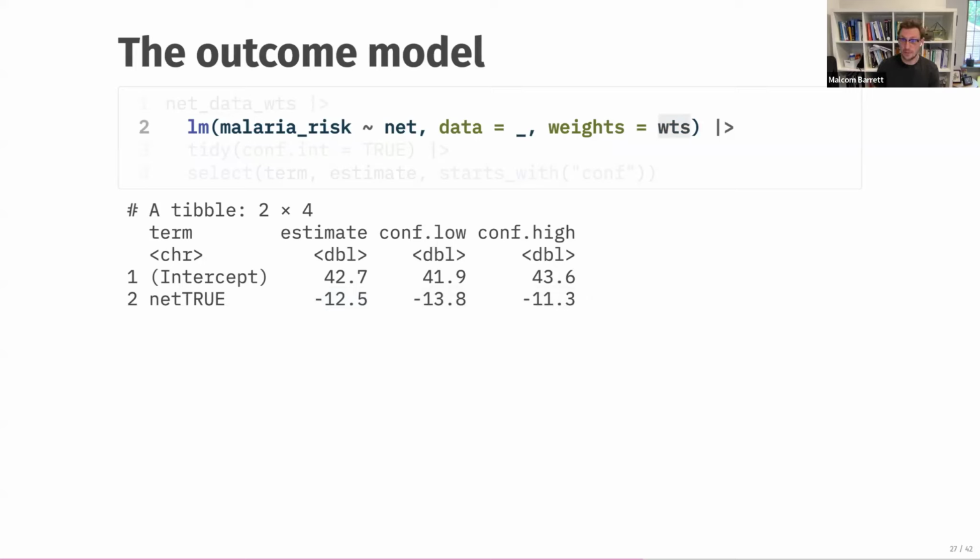Those weights are real. But as we know, we just calculated these weights. And so there's some uncertainty to the process of calculating these weights. And so these confidence intervals are not quite correct because they don't account for the uncertainty of the modeling process of the counterfactual population.